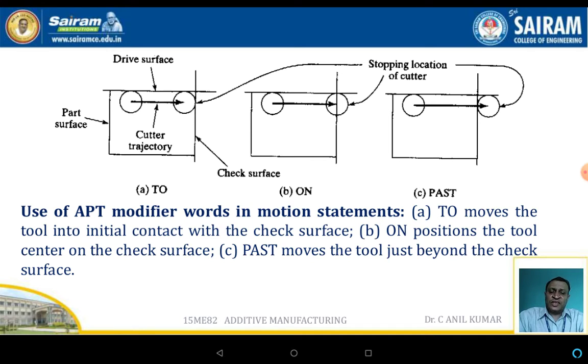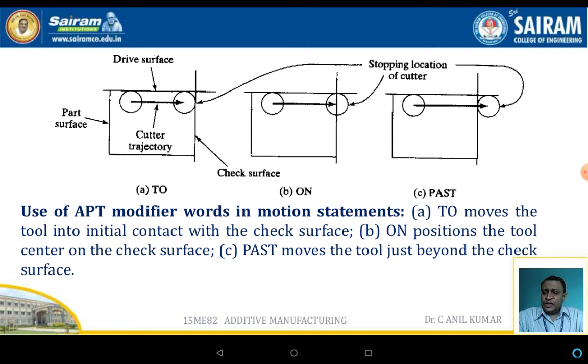With respect to C, the cutter has crossed the check surface and landed, that is the past. But in the case of A, the cutter is only touching it. The main difference between to and past is how the cutter is touching it. Either the cutter is touching the right side portion, or it may be the left side portion. The stopping location of the cutter plays a major role.